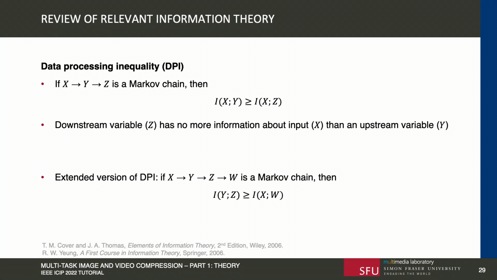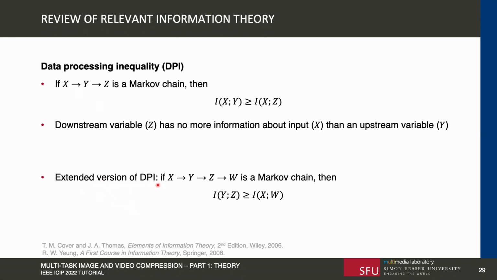What this inequality says is that if X to Y to Z forms a Markov chain, then the mutual information between X and Y is no smaller than the mutual information between X and Z. What this means is that a downstream variable further down in the chain has no more information about the first variable X than an upstream variable Y. So the mutual information with respect to the input, X, cannot increase the further down the chain you go.